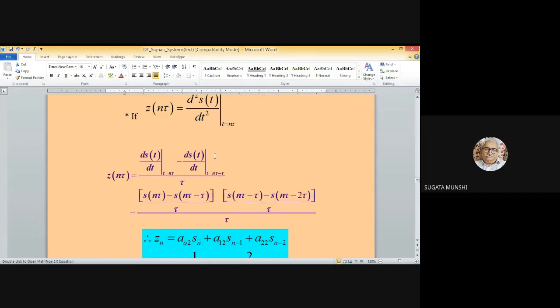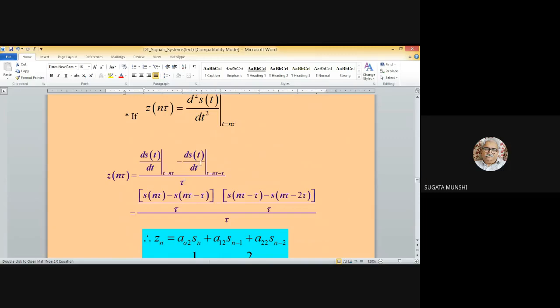So the second derivative of s(t) at the sampling instant, if you consider the backward difference relation, can be replaced by the first derivative of s(t) at t equal to n tau minus the first derivative of s(t) at t equal to n tau minus tau, divided by tau. Now this first derivative at t equal to n tau, again using the backward difference relation, is s(n tau) minus s(n tau minus tau) divided by tau.